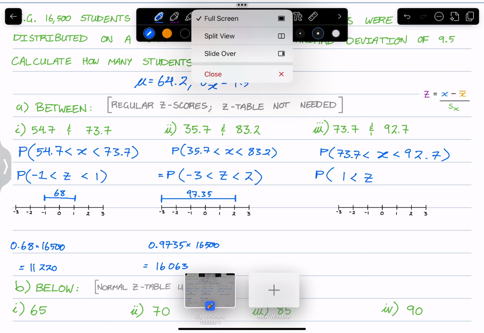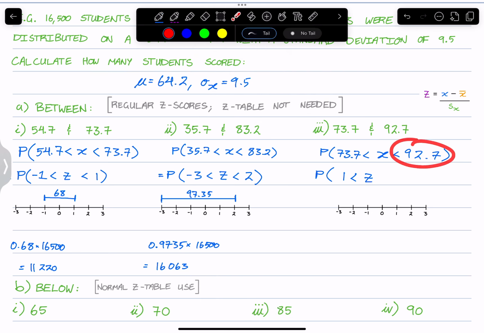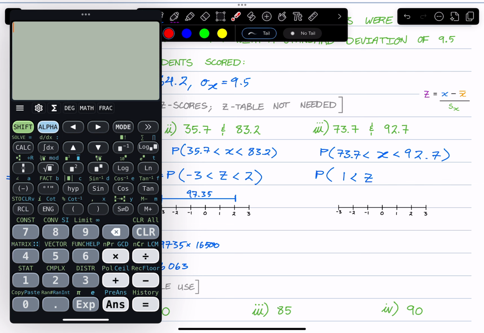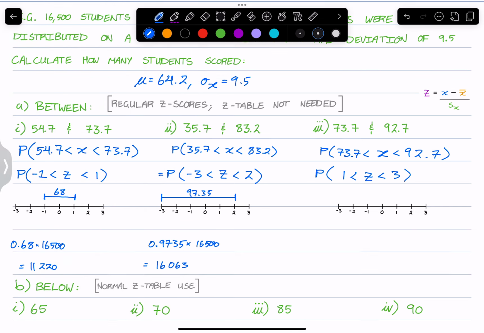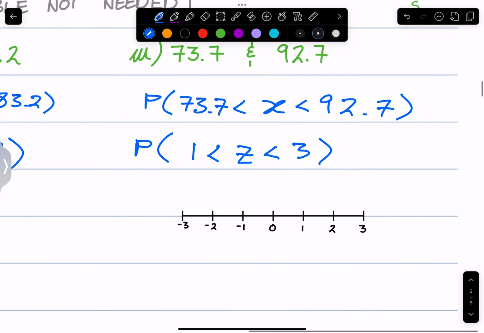And 92.7, you can probably guess is going to be a Z-score of 3, but let's double check here. 92.7 minus 64.2 over 9.5 gives us a Z-score of 3. So this is from 1 up until 3.